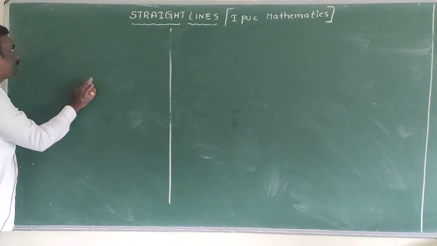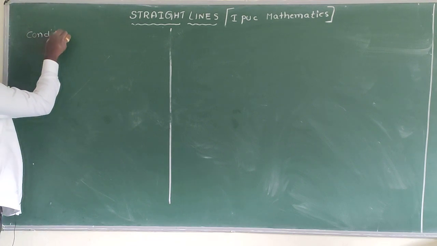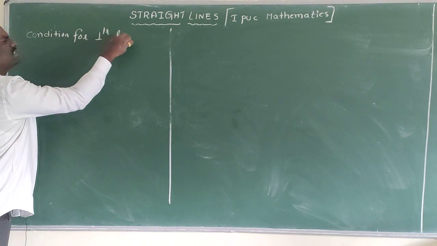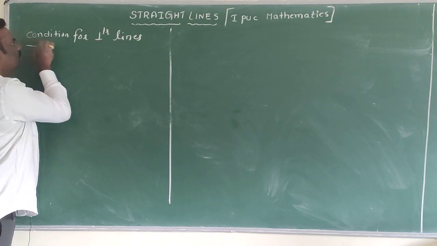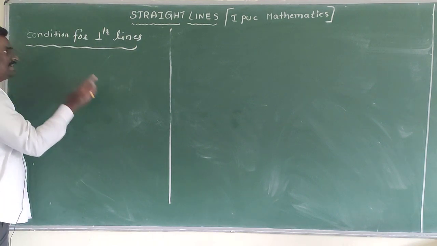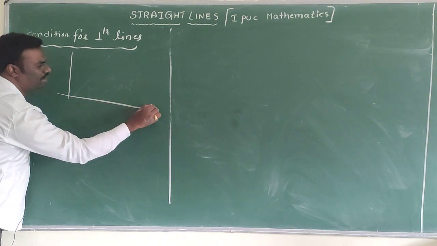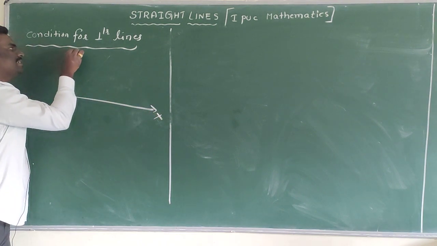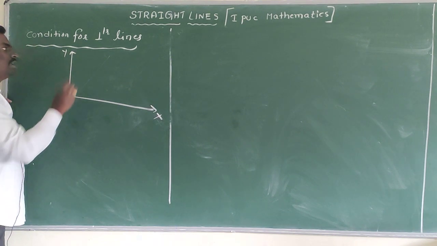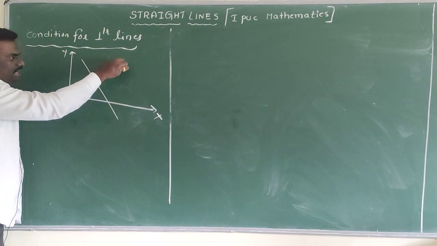Condition for perpendicular lines. What is the condition for perpendicular lines? So listen. First I am taking the coordinate axis, x axis and y axis, and this is origin. This is the first line and this is the second line.